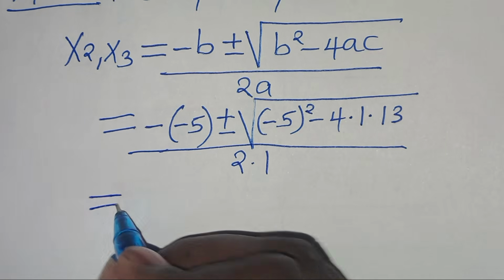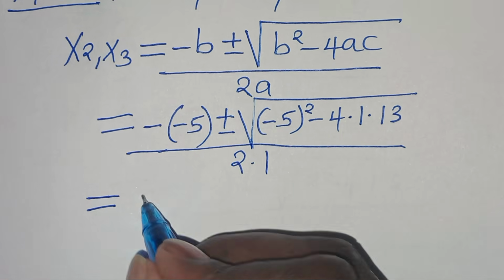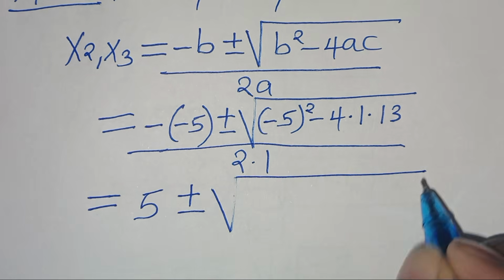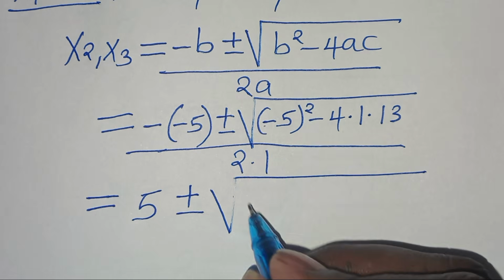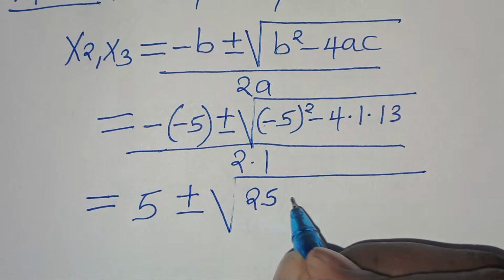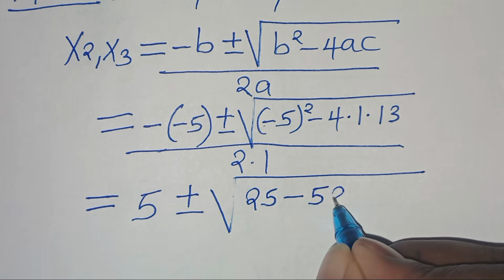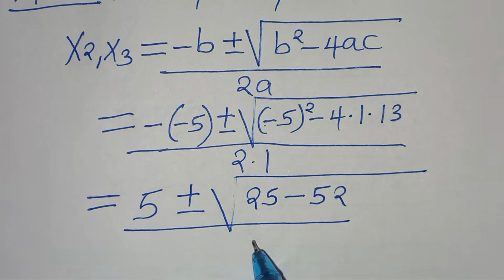So this means we have 5 ± the square root of 25 minus 13 times 4, which is 52, everything divided by 2.